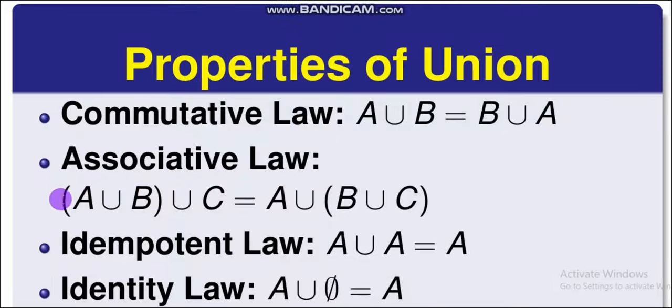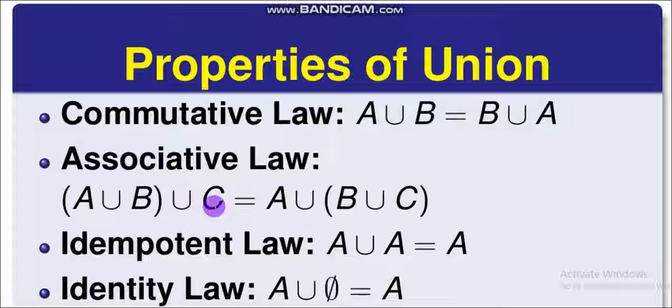I can choose to take the first two, meaning I will perform the operation for A union B, keeping C aside. When I am done with this one, I will now unite the result that I got with C. Or I can keep A and take the last two, B union C. I will unite B with C first, and then unite A with the result that I obtained from here.